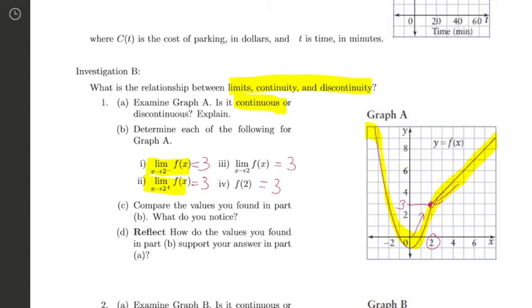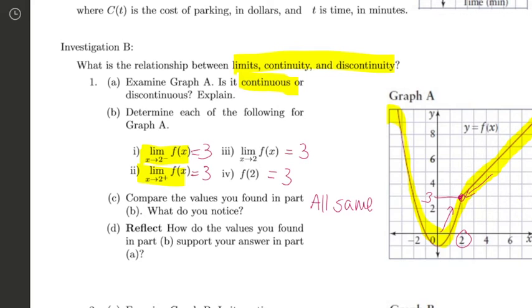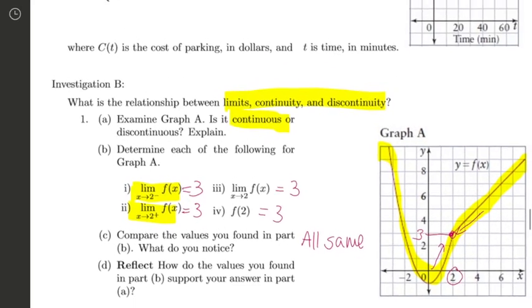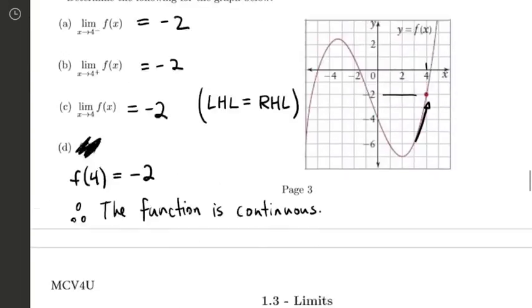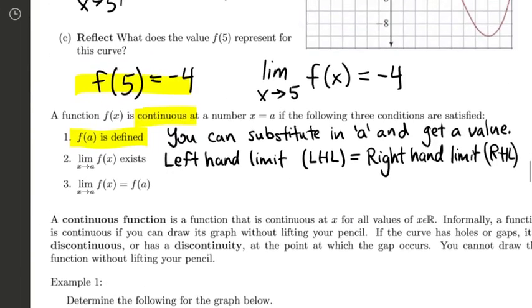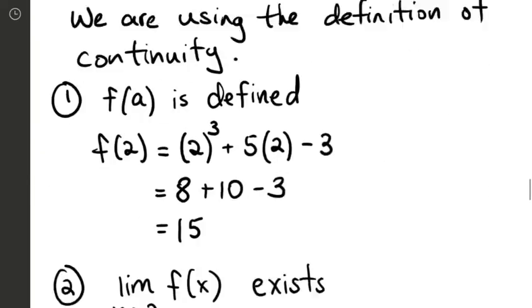So what do we notice when we compare all of these values? Well, we notice that they are all the same. And how do the values we found in part B support our answer in part A? Going to the definition of continuity, it states that f of a has to be defined, the limit as x approaches a of f of x exists, which it does, and that the limit is equal to f of a, and that's what we have here.